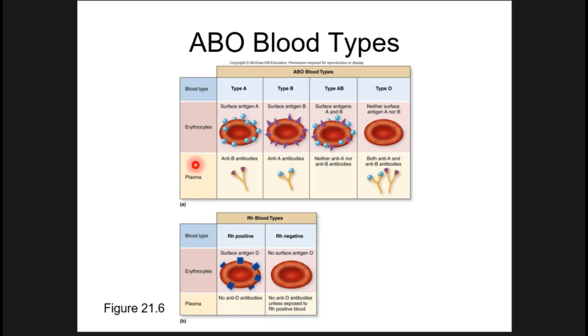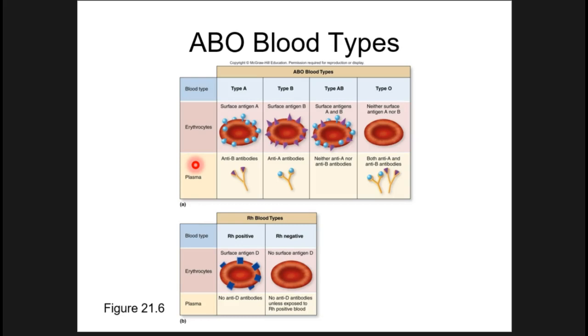Does this person have any antibodies? No. They have every antigen. They are also AB positive. So if you put this here, that's okay. Yeah, we're fine. So AB positive can only donate to AB positive, but reverse this.